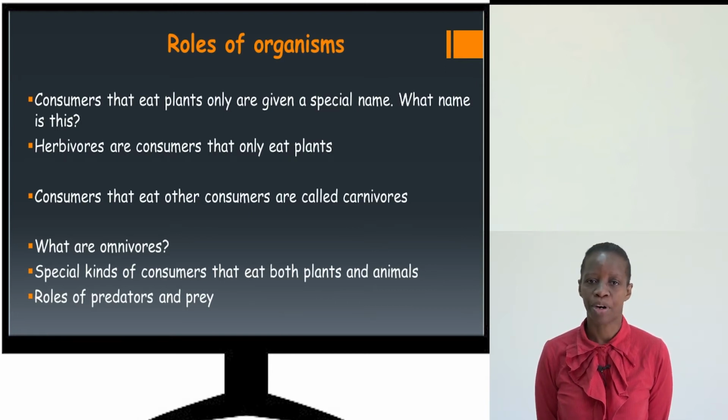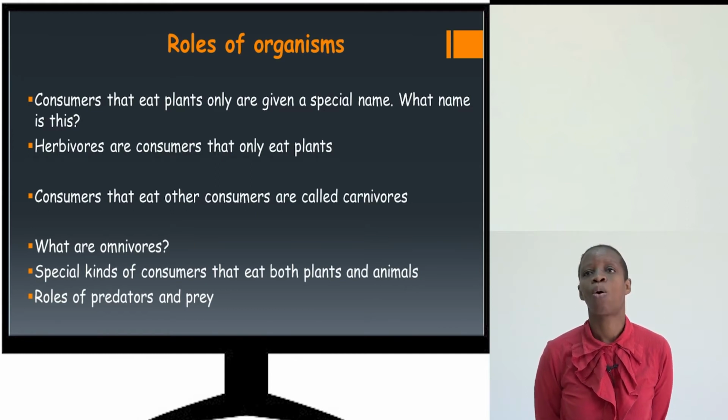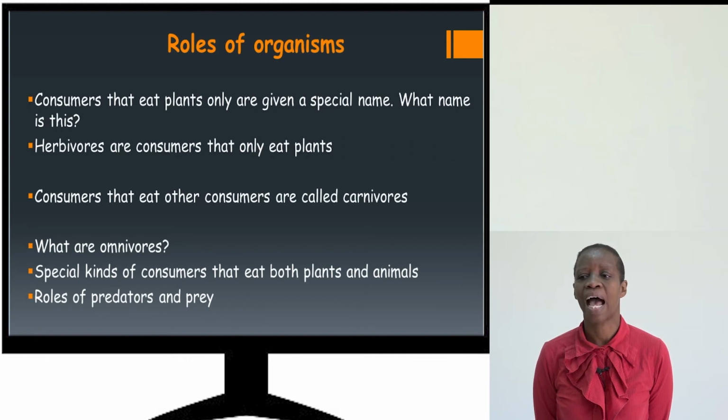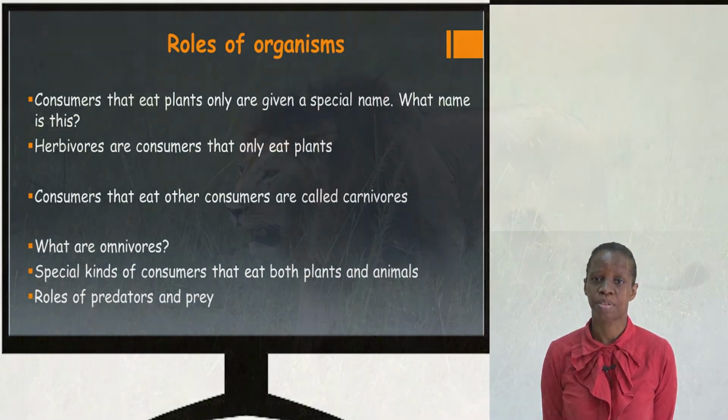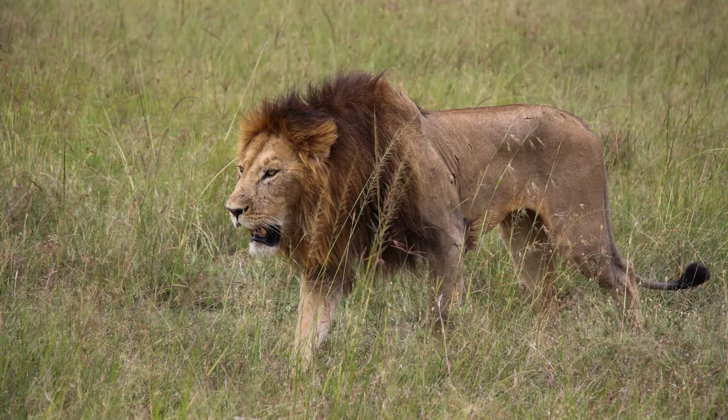So we know that birds also visit plants, so the bird could be a herbivore as well. Yes? Can we think of an animal that only eats other animals? Yes, lion comes to mind, right? So lions are consumers and they have a special name, and that would be carnivores.